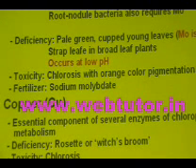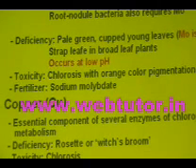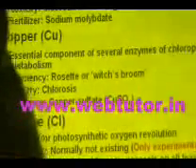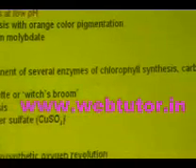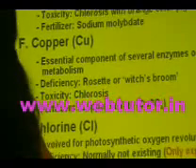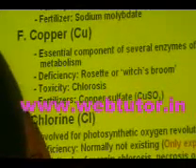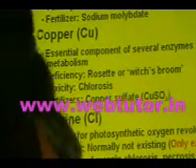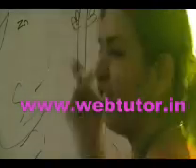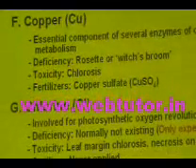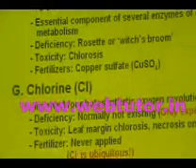Deficiency shows rosette or witch's broom: the lower parts of the plant have no leaf formation, and only on the upper part is there formation of a rosette, so it's called a witch's broom because it appears like that. The fertilizer is copper sulfate, because copper is there and sulfur is also given.